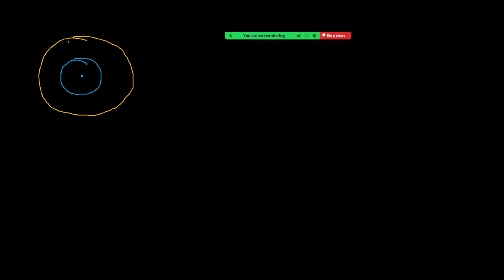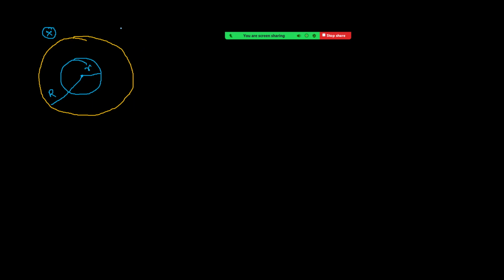Let us assume the field is normal to the board plane and directed into the board, inwards. Okay. Right. This is given as small r and this is capital R. So first, the ring was at rest.